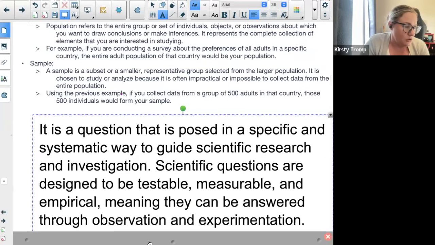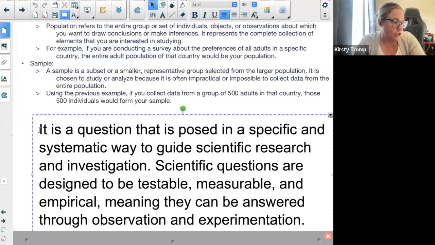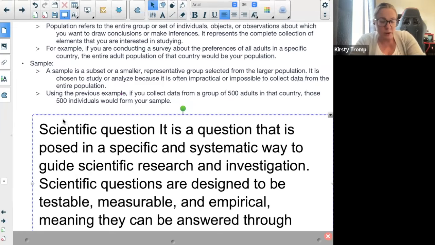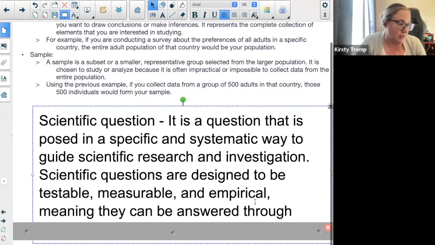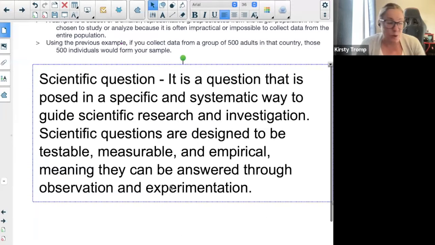A scientific question is a question that is posed. Posed means asked. It's a question that's asked in a specific and systematic way, to guide the research and investigation. Scientific questions are designed to be testable, so you're able to test them, measurable, so you can measure them, and empirical.